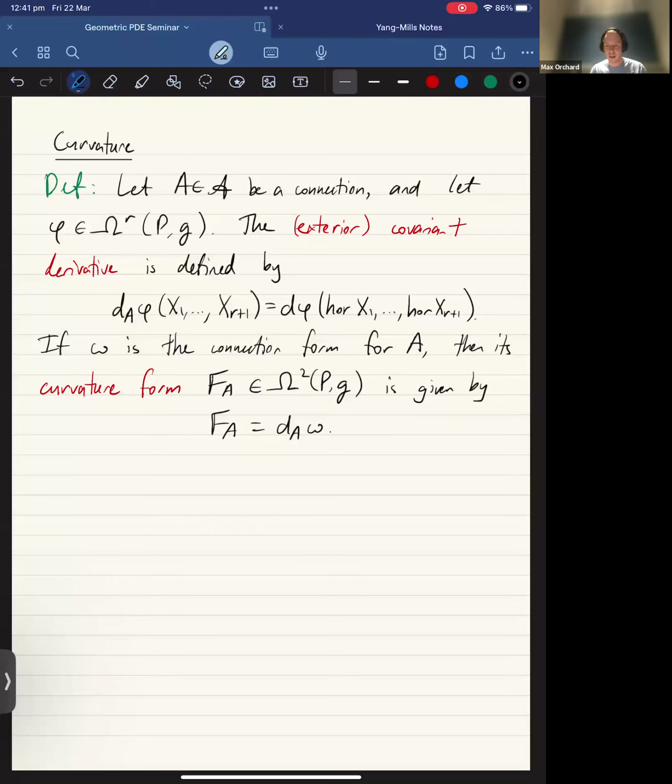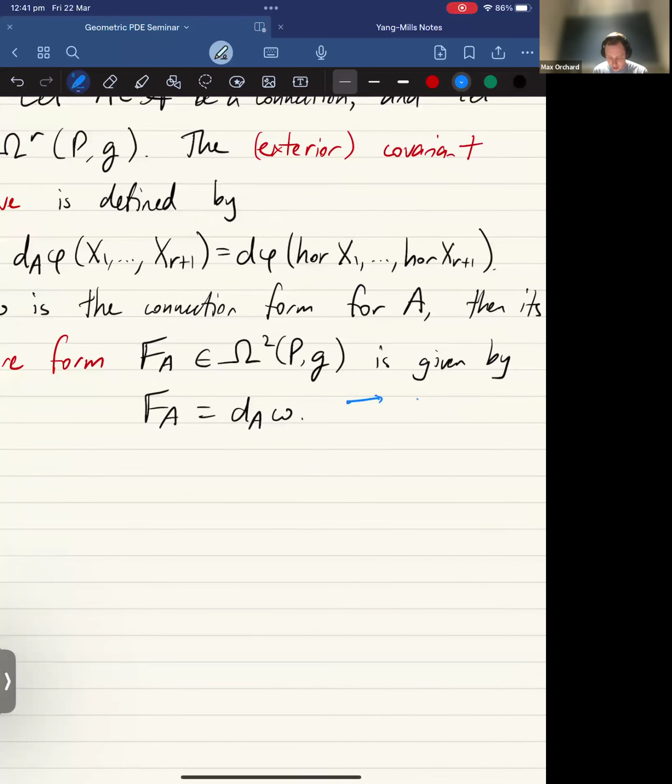So essentially, what this is saying is, how does the connection itself change in the horizontal direction? If the connection itself changes just a little bit as you go in the horizontal direction, your curvature is going to be small in some sense. But if in the horizontal direction you change a lot, you're going to get, in some sense, a large curvature.